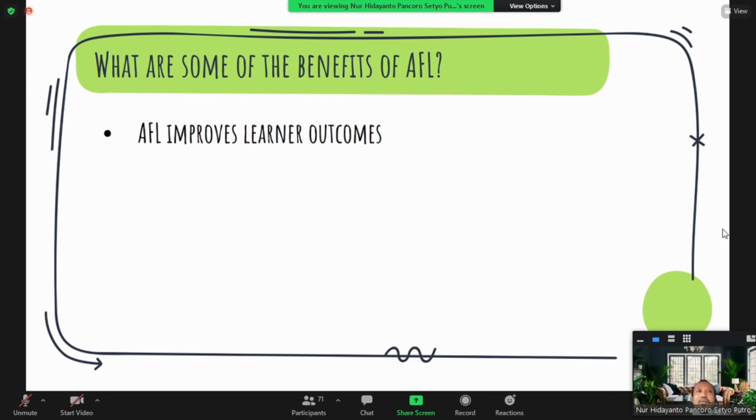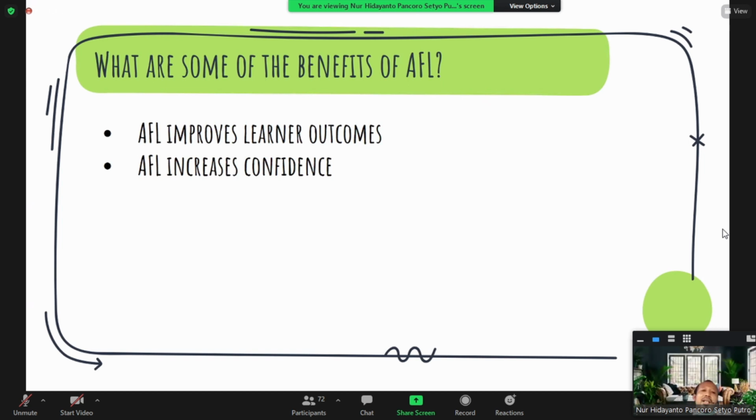Your level is now 75, you need to go for another 25 to get 100. How do you do that? You do this, you read this one, you work with your friends, you communicate with your friends, you ask your friends to monitor your progress, and so on. So assessment for learning improves learner outcomes.